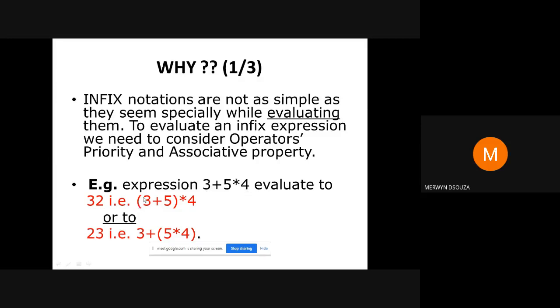So we remove whatever makes it tough for the computer, and we give it expressions that it finds easier to solve. They found that whenever they remove parentheses, it's easier for the computer to solve. That's why they came up with prefix and postfix expressions.